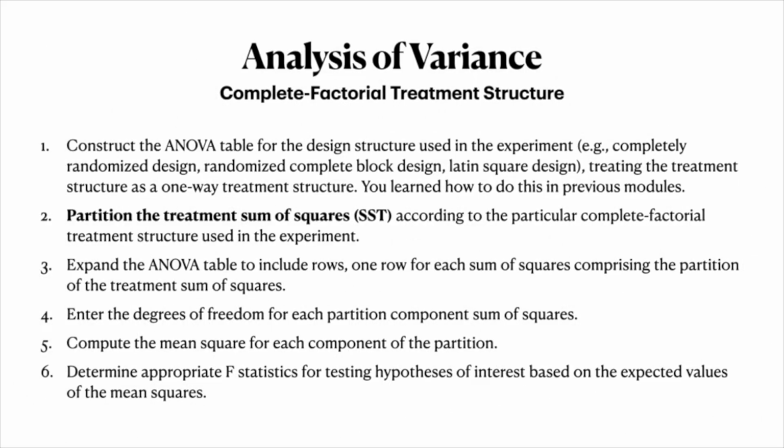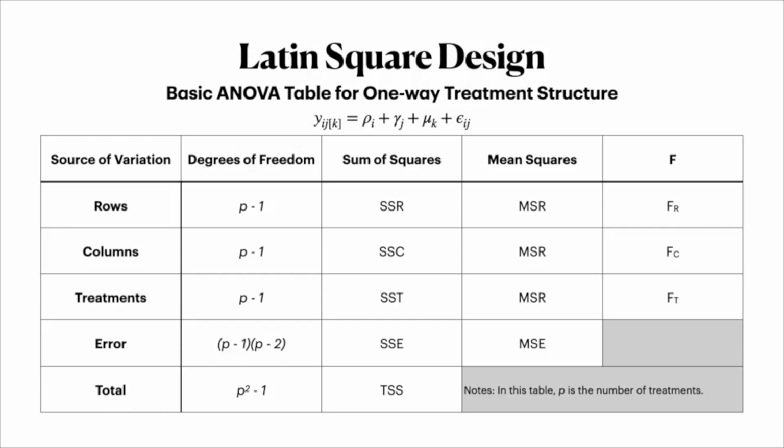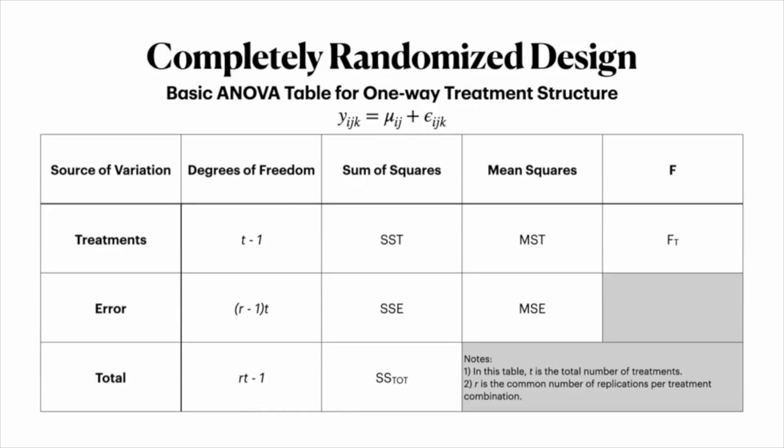Construct the ANOVA table for the design structure used in the experiment, treating the treatment structure as a one-way treatment structure. Now, when we do that, let me go back to one of these slides here. Let's say that we're talking about the completely randomized design.